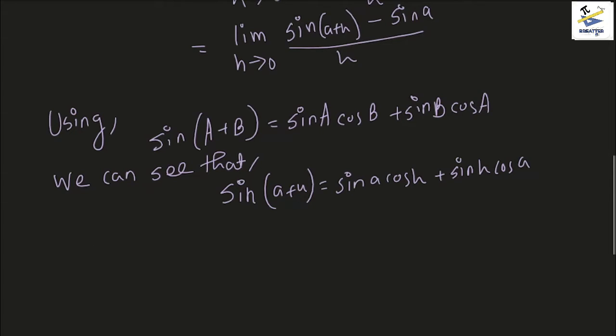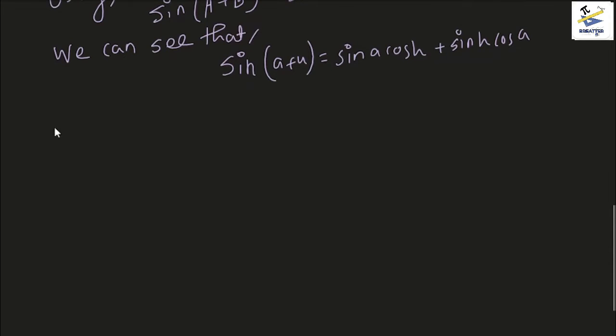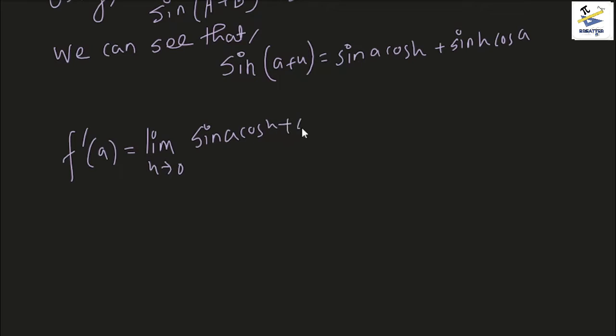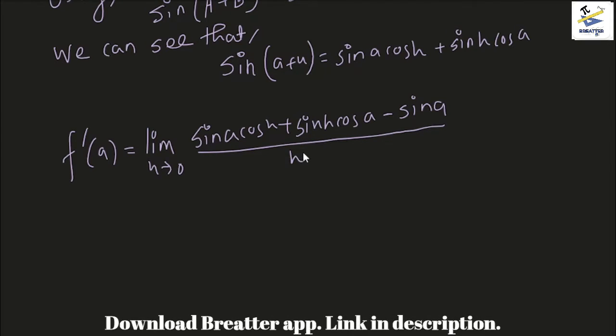So f dash a is equals to limit h tends to 0 of sine a cos h plus sine h cos a minus sine a divided by h, right?